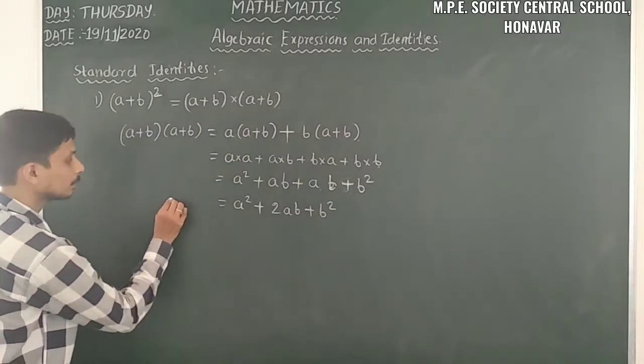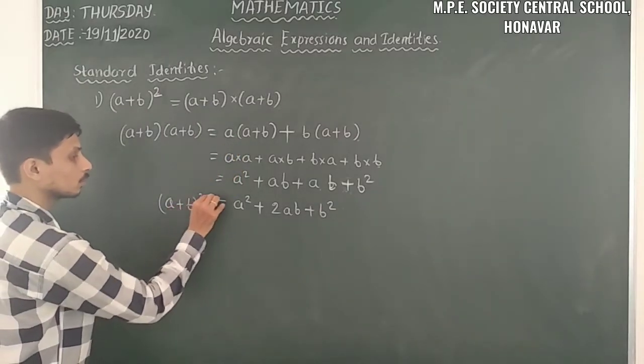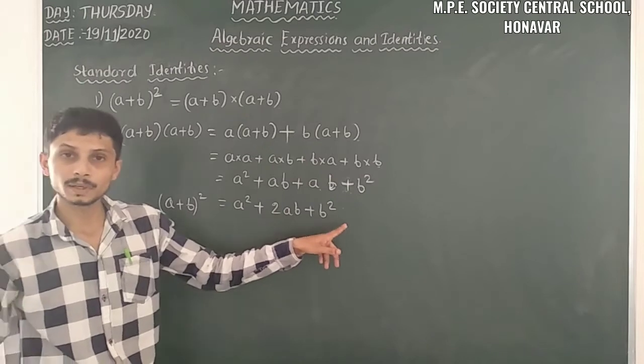That is, a plus b whole square is equal to a square plus 2ab plus b square.